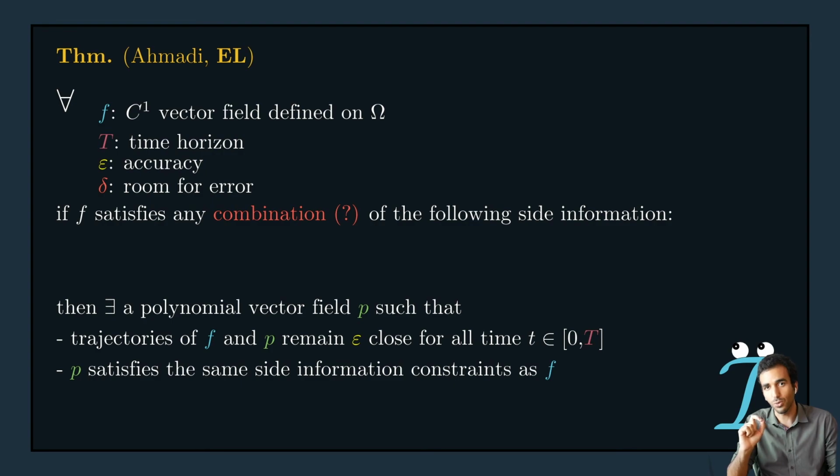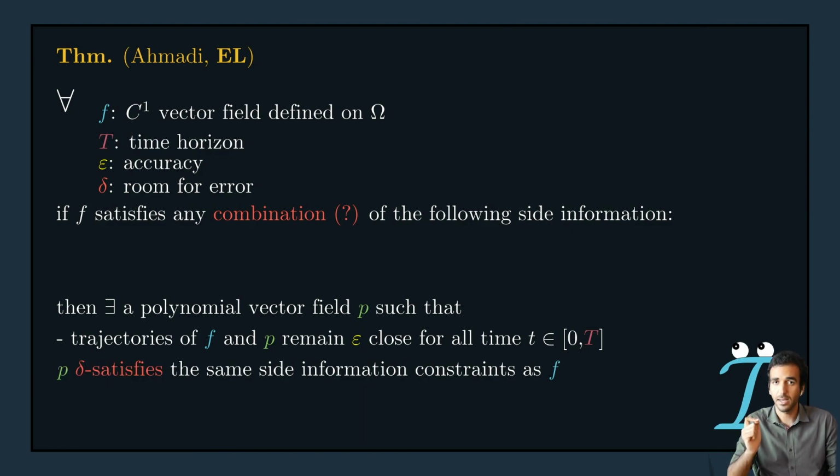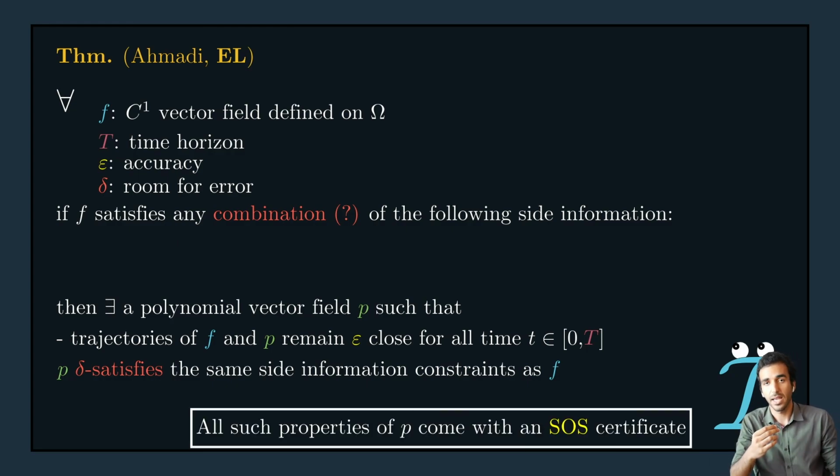But if we allow for some room for error delta, and we can take delta as small as we want as long as it's positive, then there is actually a polynomial vector field p that delta-satisfies, not necessarily exactly satisfies, any combination of side information you care about while staying close to the vector field f. And as a bonus, all such properties of the polynomial vector field p come with a sum of squares certificate, meaning that we can impose them during the learning phase by semidefinite programming.